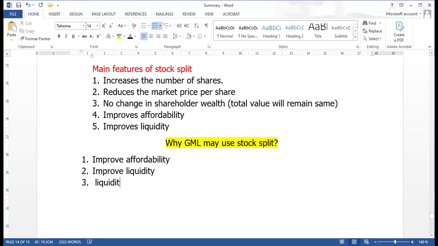Then here we can say it also improves the marketability. Because here it means that shares trading at moderate prices actually are more attractive in the market. So you find that in terms of the market performance, the sales are high.